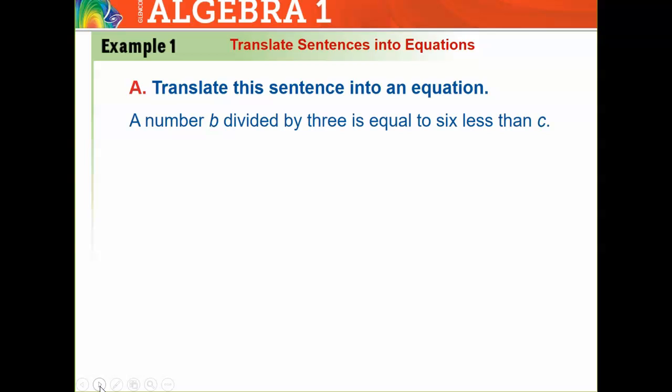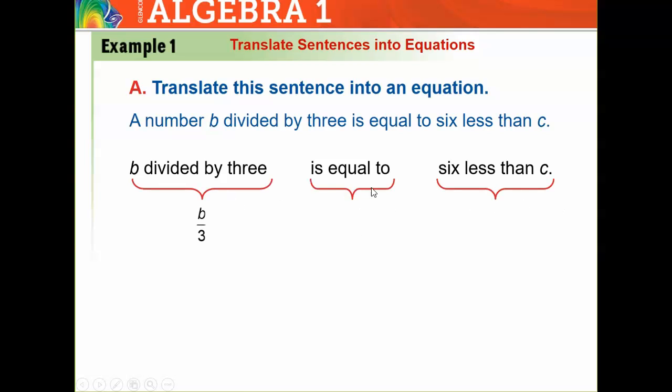A number B divided by 3 is equal to 6 less than C. So you're going to have B divided by 3 is equal to, puts equal signs. 6 less than C is kind of like subtracting backwards, so it's going to be C minus 6.